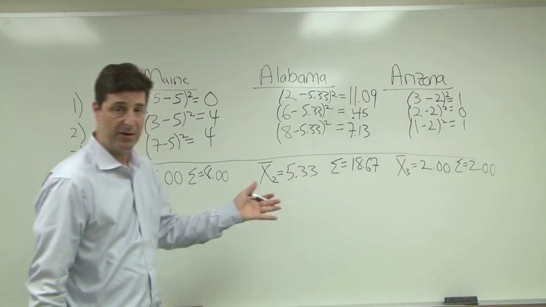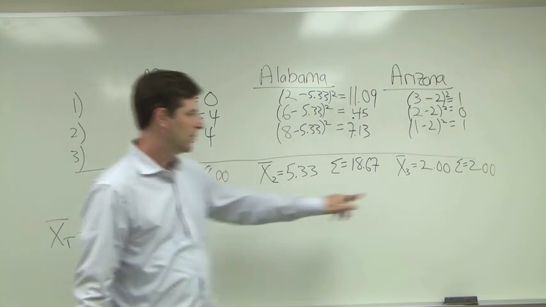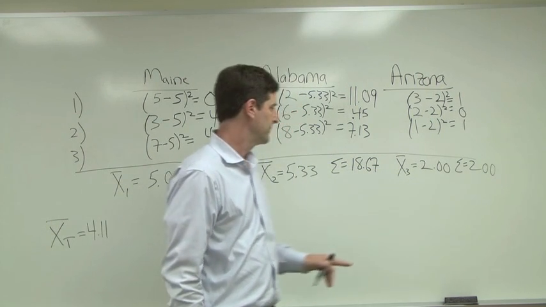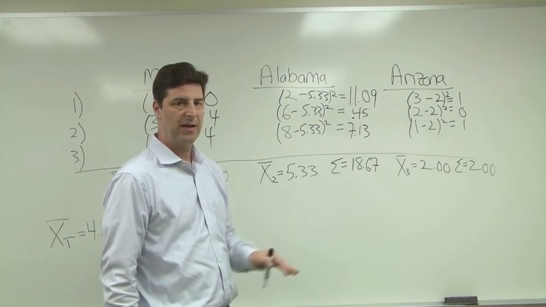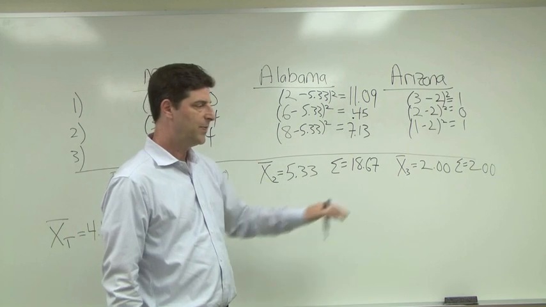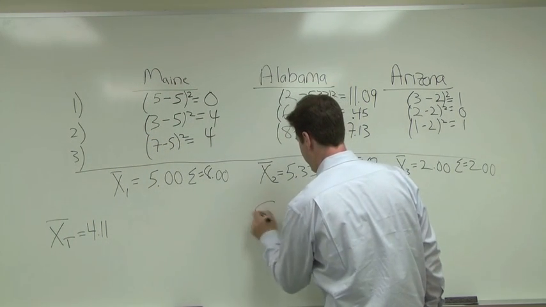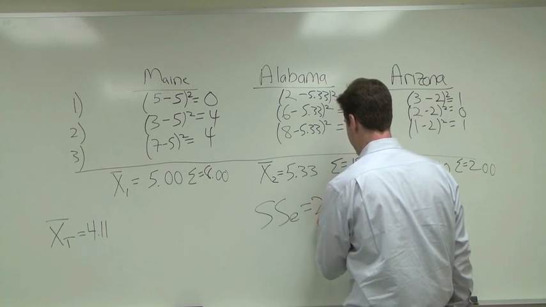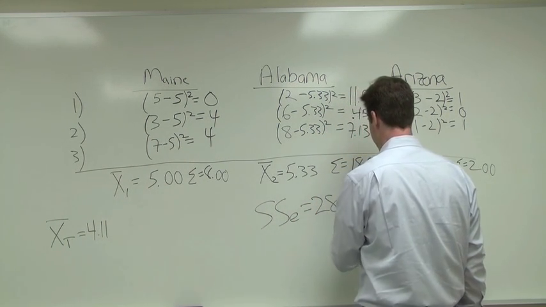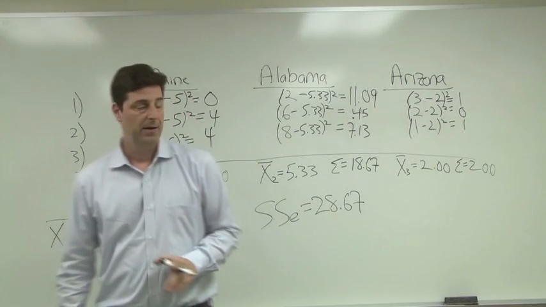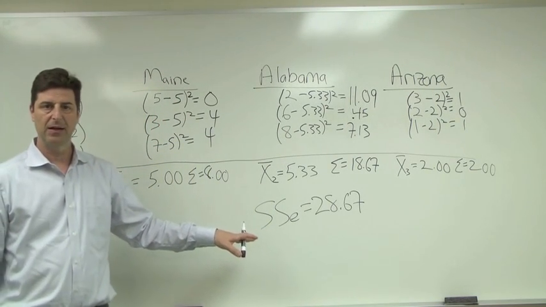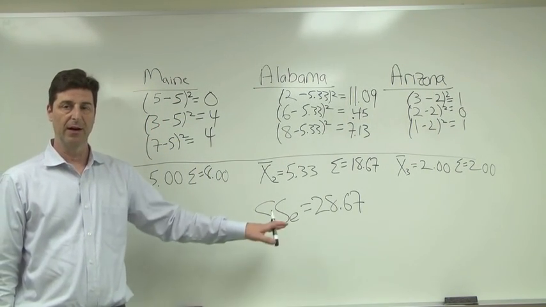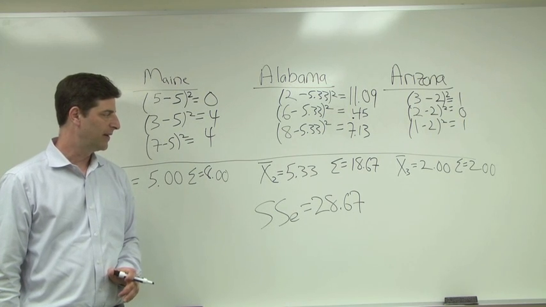And then I just have to add those all up. 8 plus 2 is 10. 10 plus 18.67 is 28.67. So our SSE, our sum of squared deviations error, is 28.67.